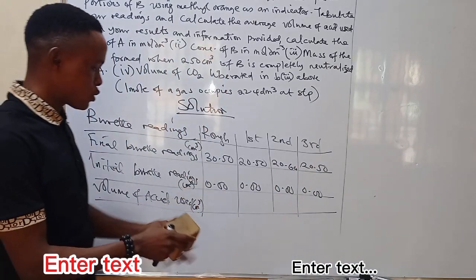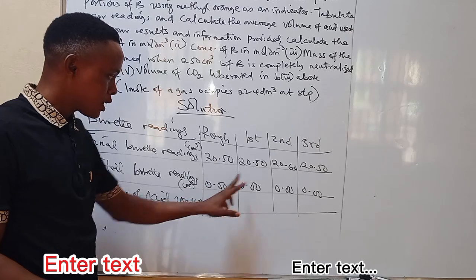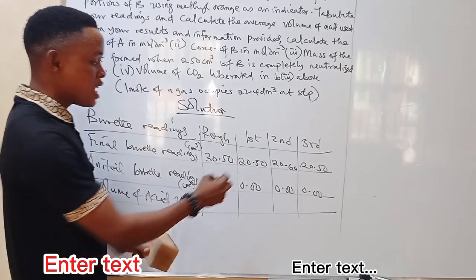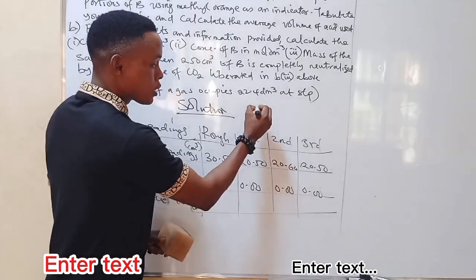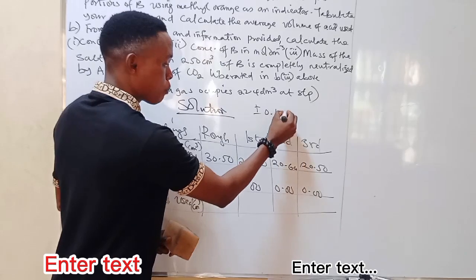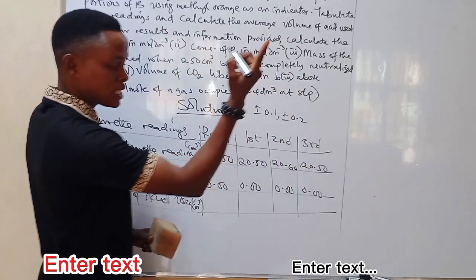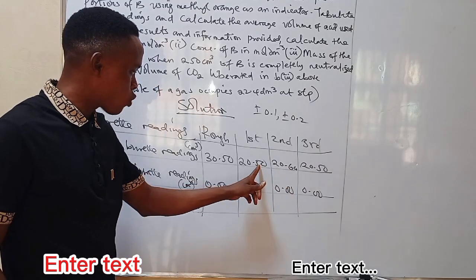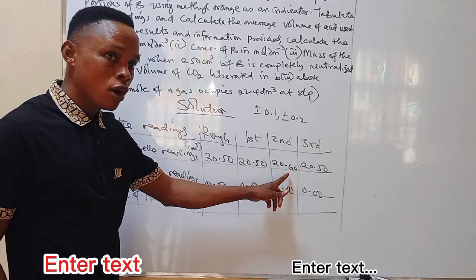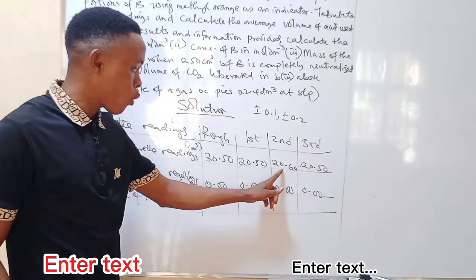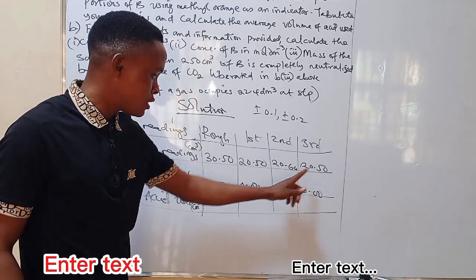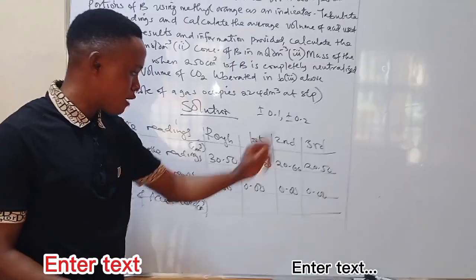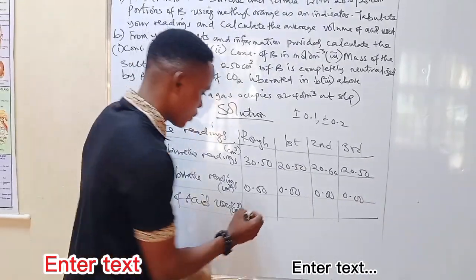These values are close. This one is very far. These 1, 2, 3 are close. And like I used to advise my students, endeavor that your titre values are within plus or minus 0.1, plus or minus 0.2. You shouldn't exceed that. So if you subtract this minus this, you have 0.1, here 0.1, and here 0.00.